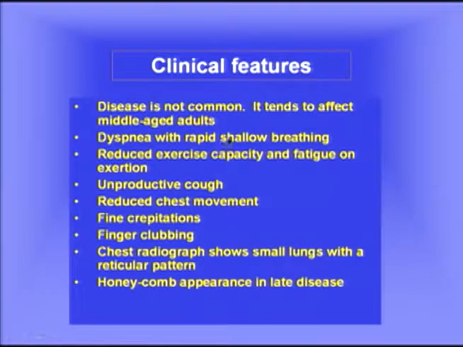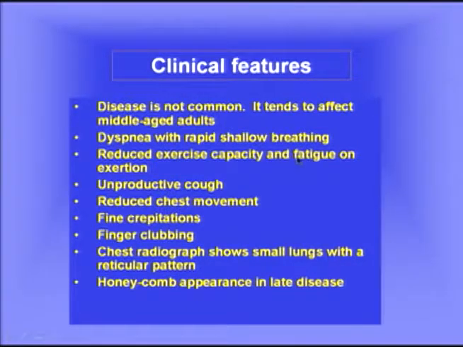He may also notice, or you may notice, that he's got rather rapid, shallow breathing. That's a feature of this disease. He has a reduced exercise capacity, either walking along, walking up a hill, or climbing stairs, for example.